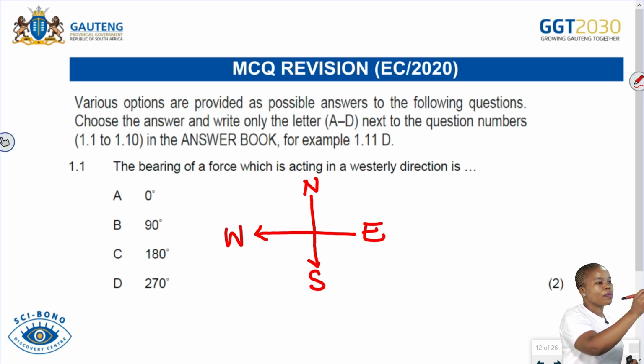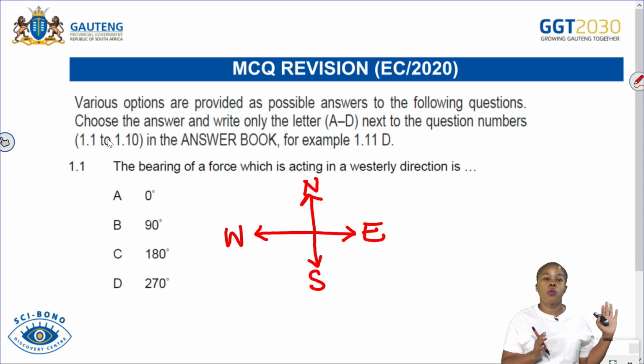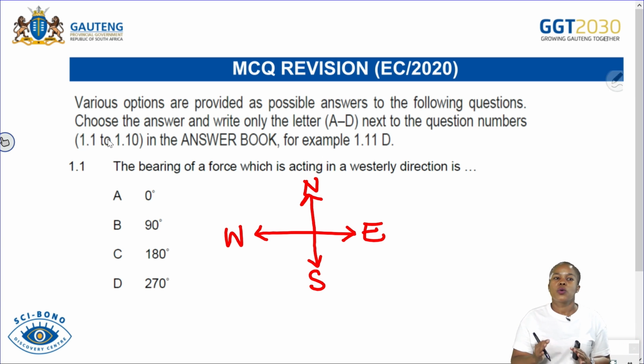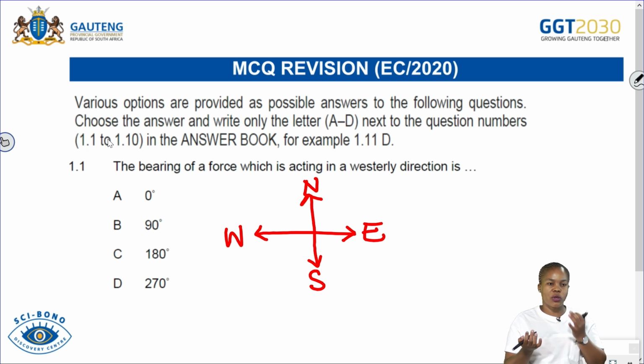Now from this you know that you want a bearing of a westerly direction. Remember we had said that when you are working with bearing, you put your protractor into the north, which serves as your reference point.